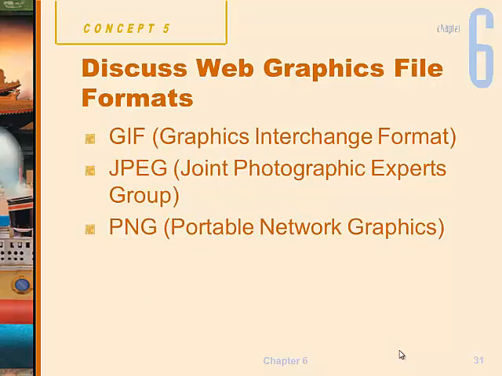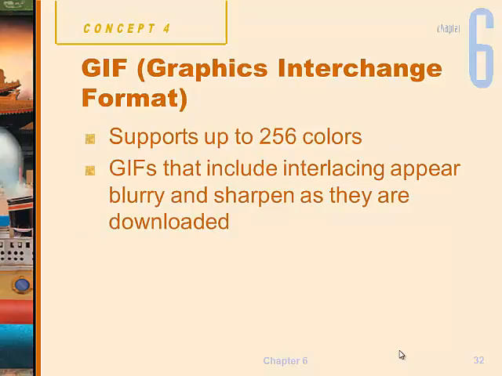Alright, and then it talks a little bit about your web graphics file formats. You have your GIF, JPEG, and PNG. Your GIF, or graphics interchange format, supports up to 256 colors.